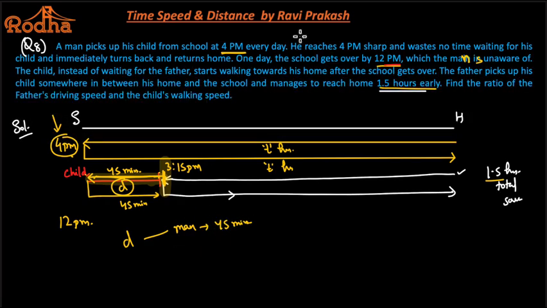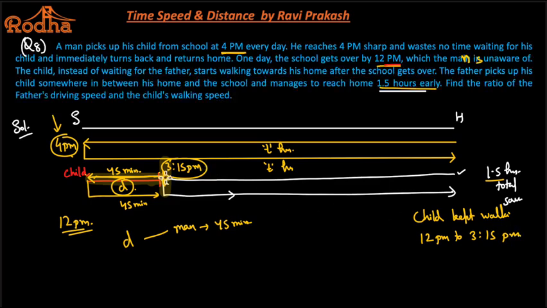And the child started walking at 12 p.m. The child was picked up by his father when he walked this distance D, at 3:15 p.m. That means the child kept walking from 12 p.m. to 3:15 p.m. Think about it, right?